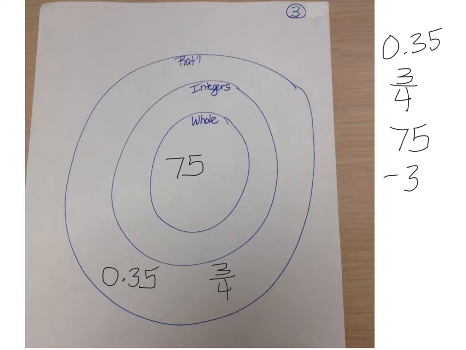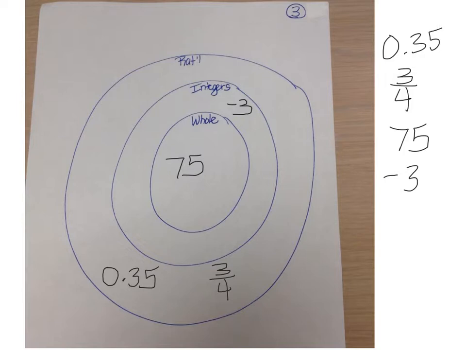Okay. The next one is -3. Now, -3 cannot go in the whole number circle because it's not positive. The only things that sit in the center are positive whole numbers. So we're going to put that right here in integers, right there. And it's not going to sit in the outside because it's not a decimal or a fraction, okay?